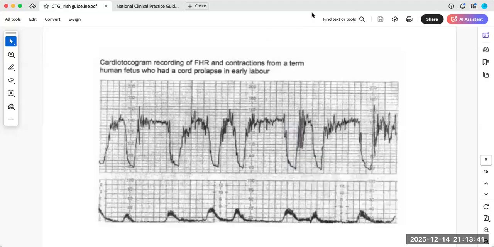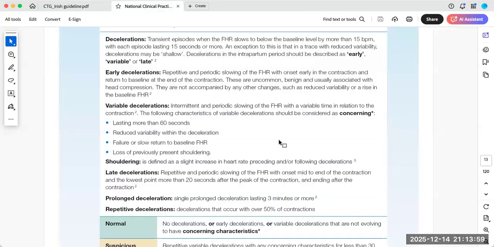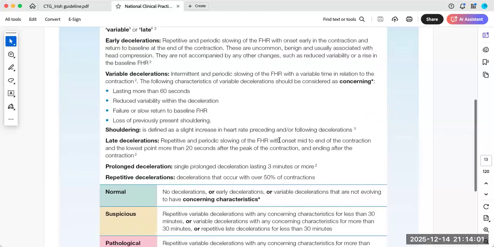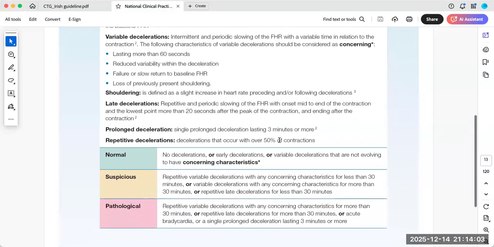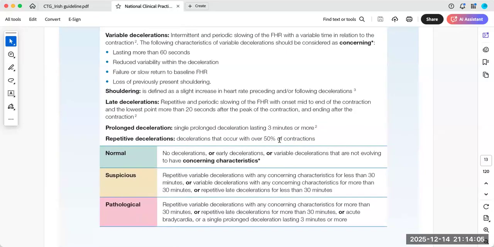The deceleration has loss of shouldering, or it lasts more than 60 seconds, or it has a failure or a slow return to the baseline fetal heart rate, or there is loss of previously present shouldering. All of this is considered variable deceleration with concerning characteristic.